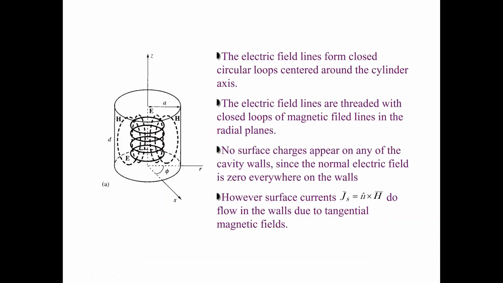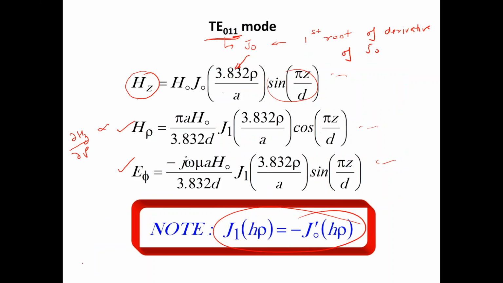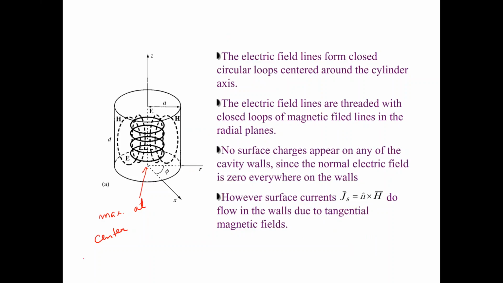If I was looking at the electric field, it is going to be going around in a circle. Its maximum is at the center. You remember, the electric field is in the center, and then it's circulating around. It's turning around within the cavity, and H field is turning around in the Z direction, as it is shown here.